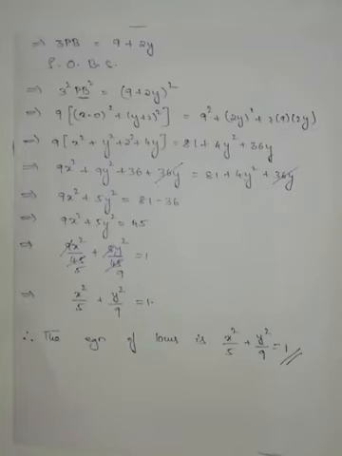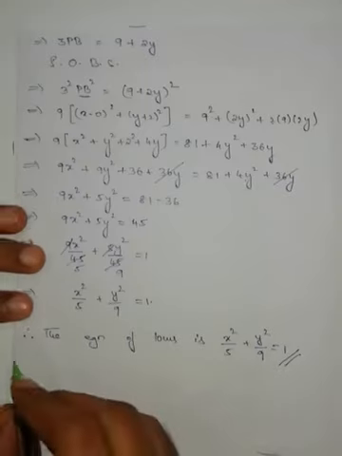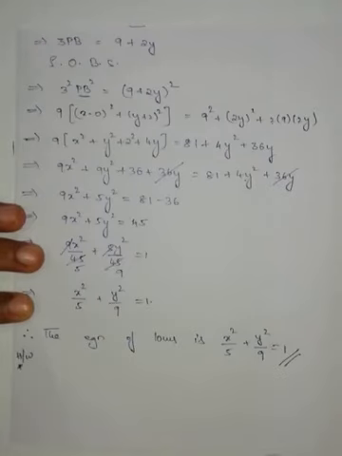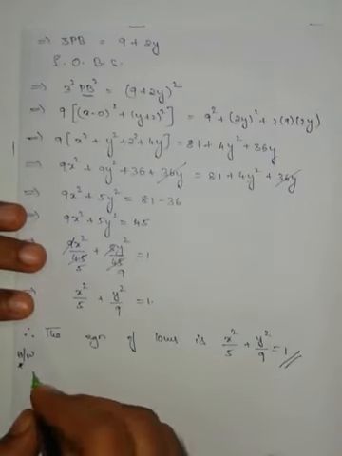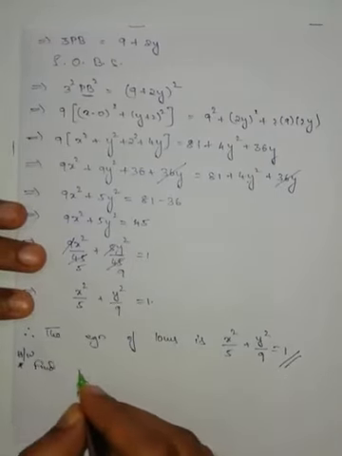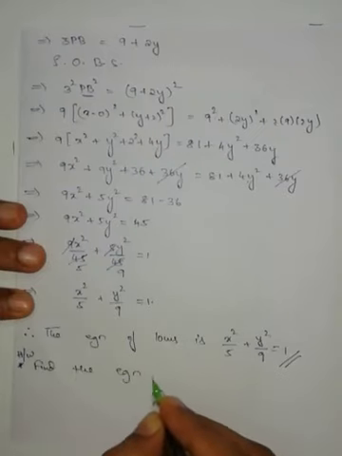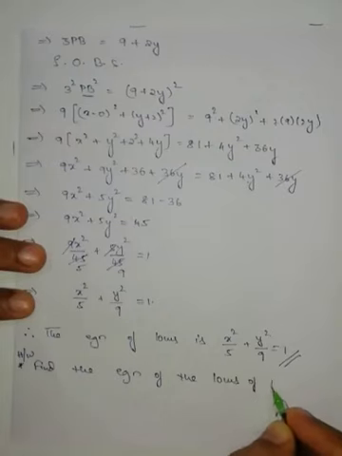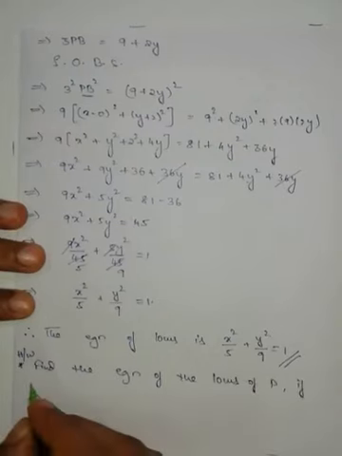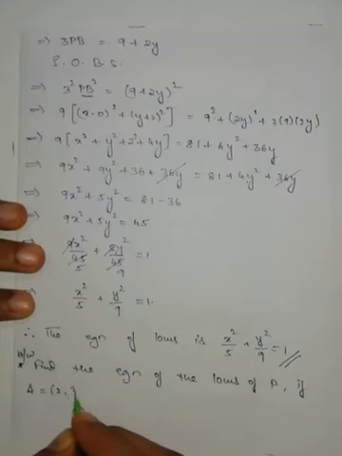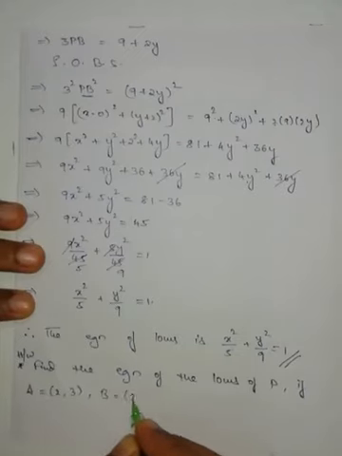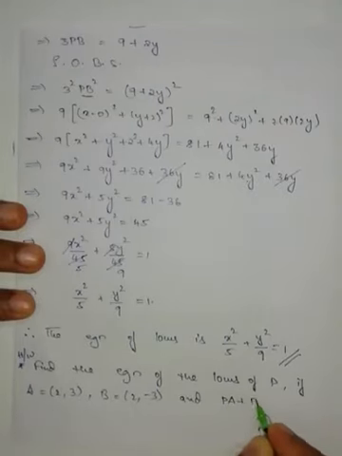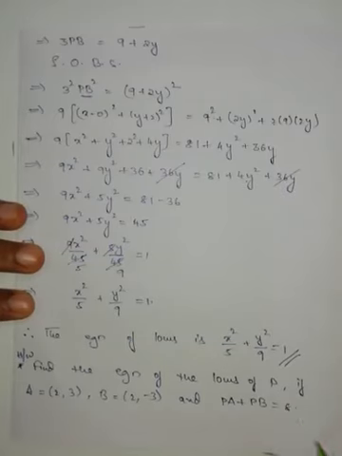Now, similarly, you can do this one as homework. A similar problem. The question is, find the equation of the locus of P if A is (2, 3), B is (2, minus 3) and PA plus PB is equal to 8.